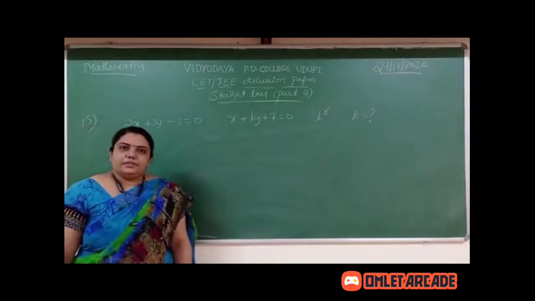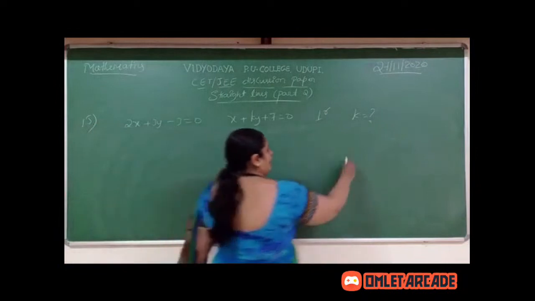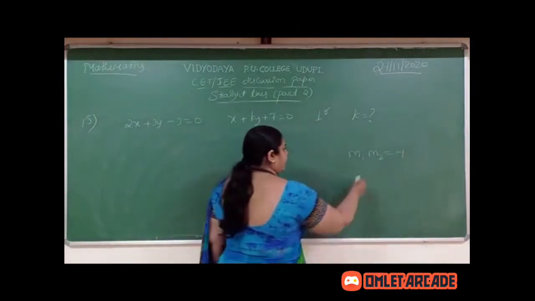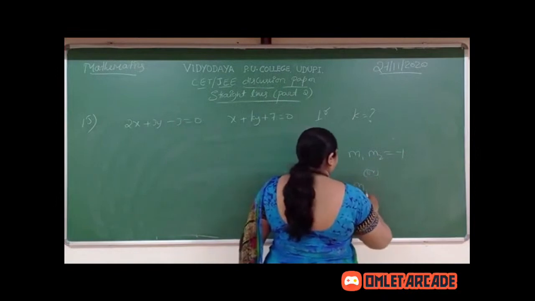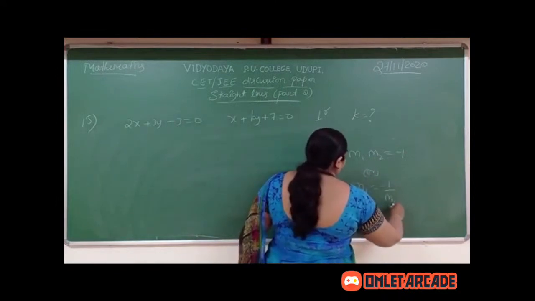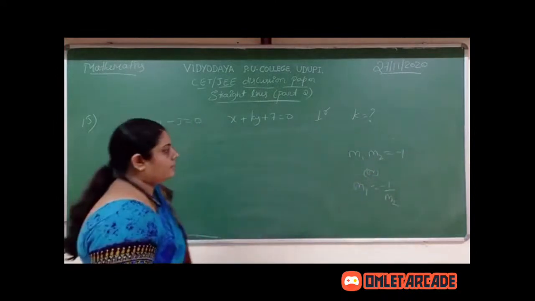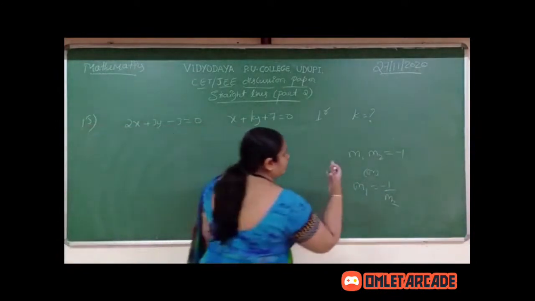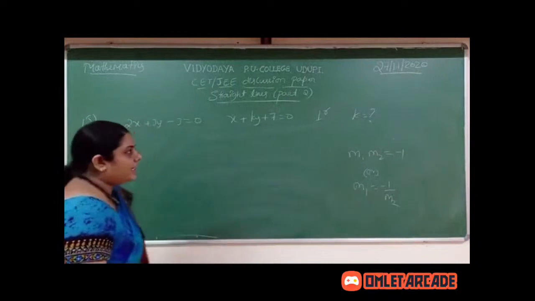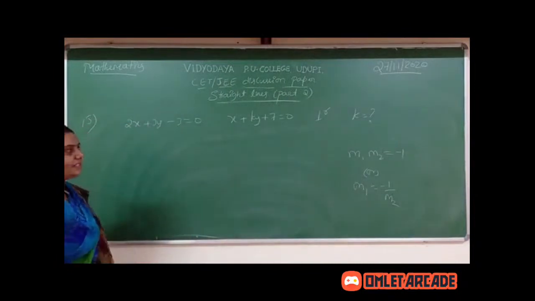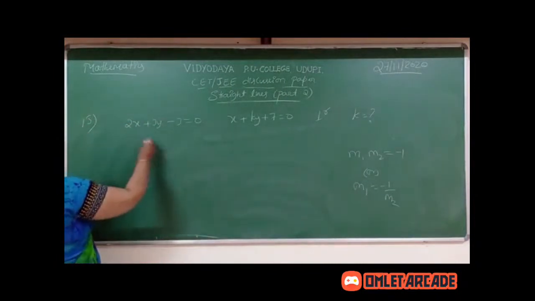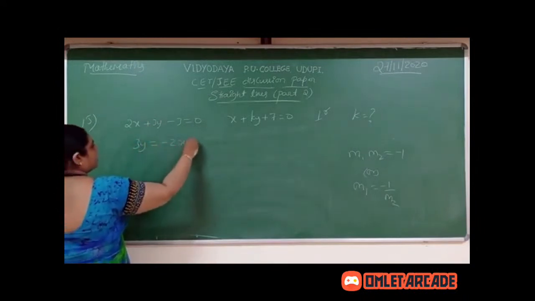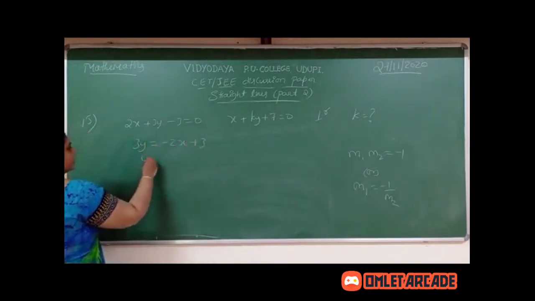Can we use the perpendicular condition here? What is the perpendicular condition? m1 m2 is equal to minus 1, or I can write it as m1 is equal to minus 1 by m2, or m2 is equal to minus 1 by m1. To use the condition of perpendicularity, I need the slopes m1 and m2 first. Let me extract m1 here. 3y is equal to minus 2x plus 3.